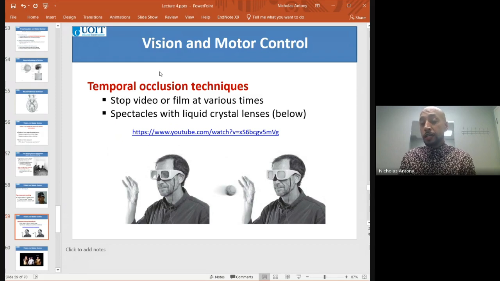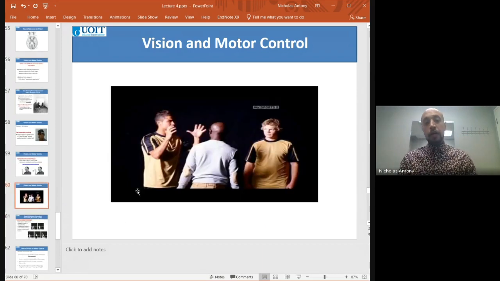Temporal occlusion techniques. Before those goggles that tell you where your eye is looking, what they used to do was have people do motor skills and turn off the lights at certain times to see what would be most important. I have an example here of a study with Cristiano Ronaldo.